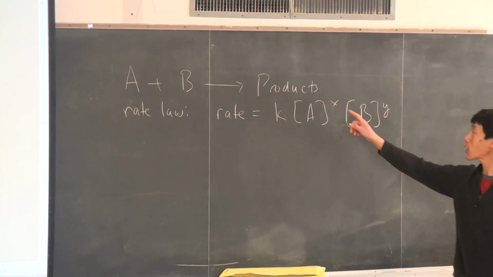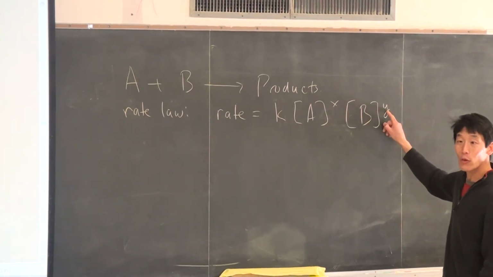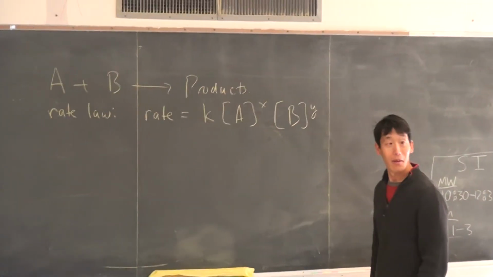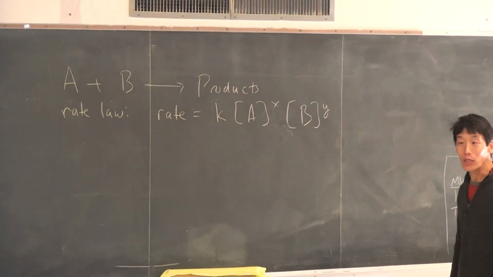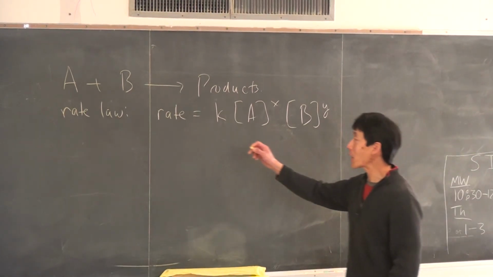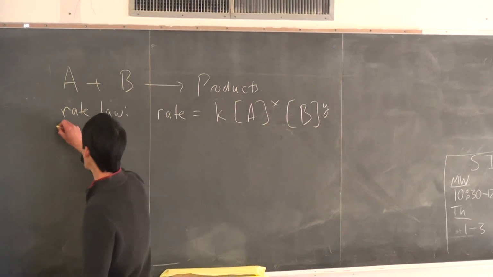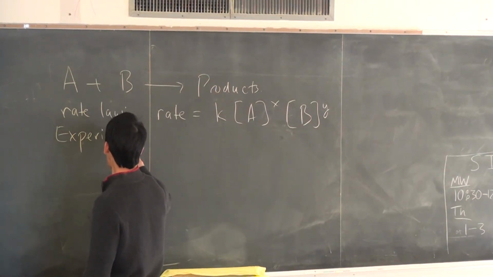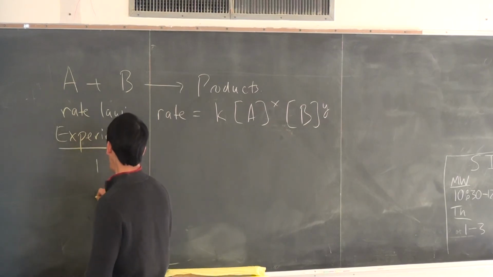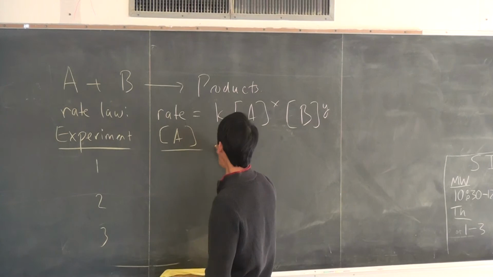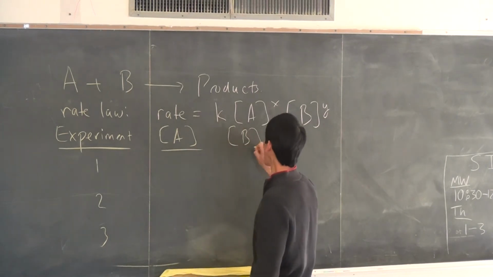If you don't want to use x and y for your exponent, use whatever. Use your favorite exponents, a, b, c, d, y and z, whatever you want. Okay, so let's say you do a few experiments. So let's put a table here with experiment 1, 2, and 3. And here's the concentration of A and B.